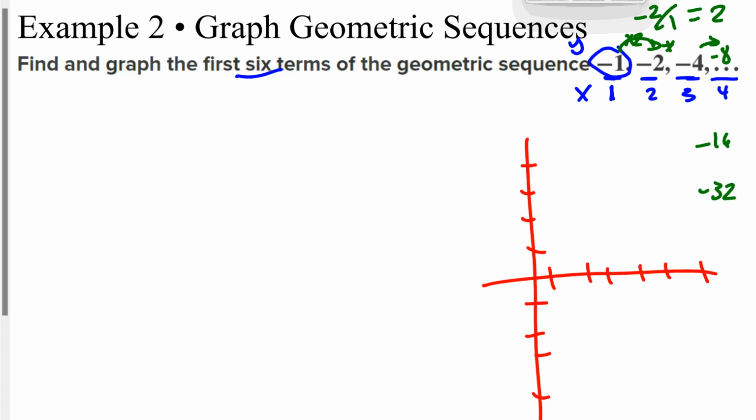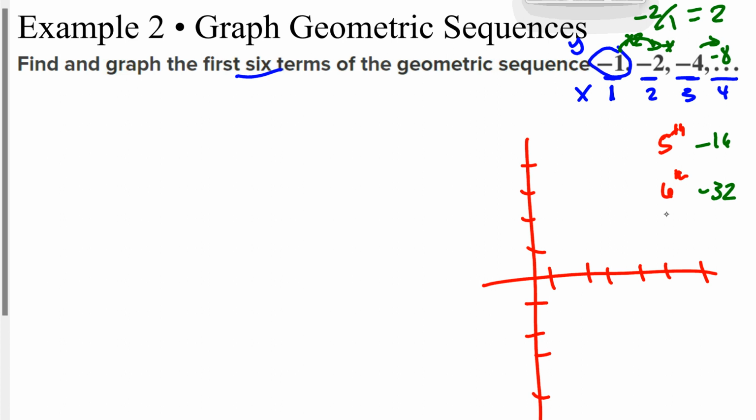So my fifth and sixth terms are -16 and -32. So these are all my x's, 1, 2, 3, 4, 5, 6, and these are all my y's: -1, -2, -4, -8, -16, -32.